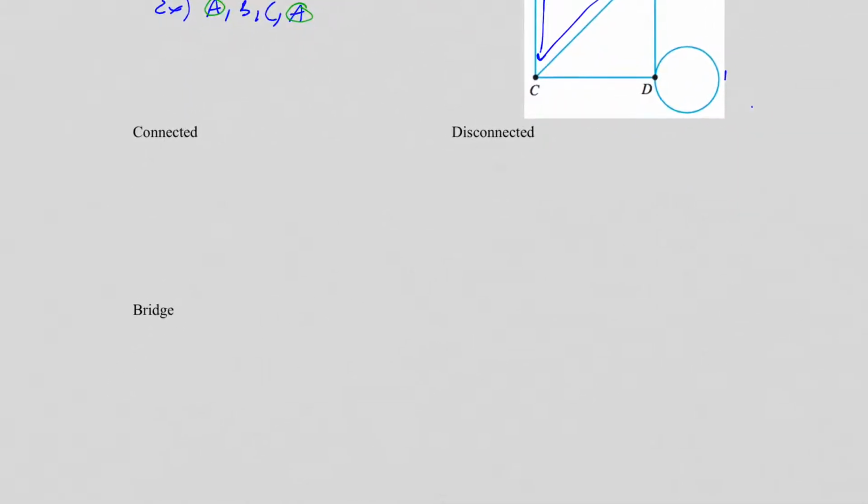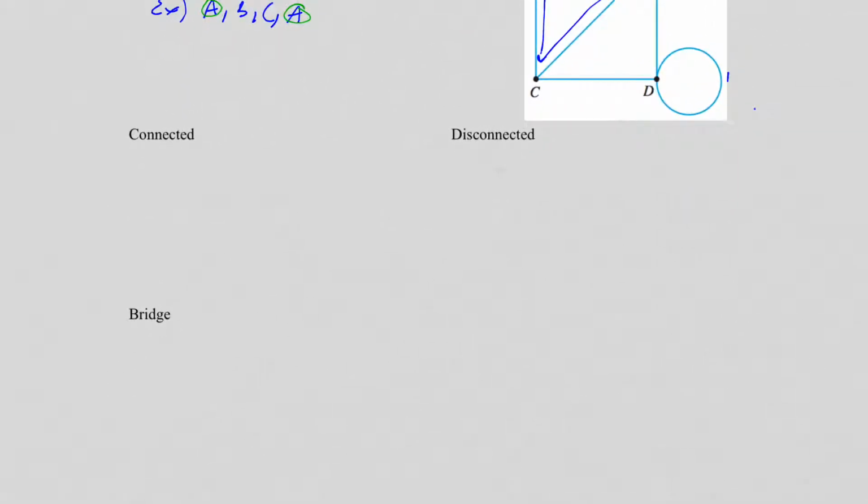Now we have connected and disconnected. So basically, in reference to two vertices, vertices that connect, right? I mean, it's not that different from the word itself. So if you can connect two vertices, basically it's called connected.